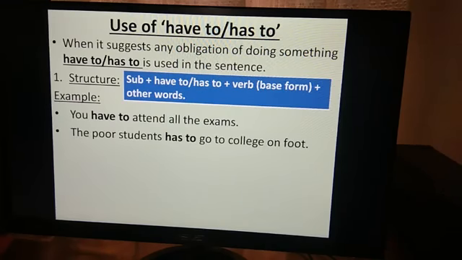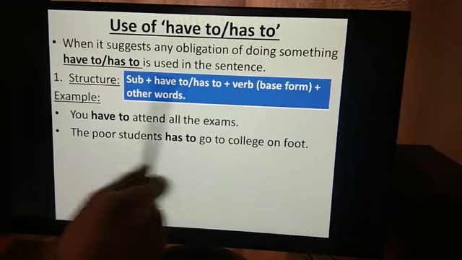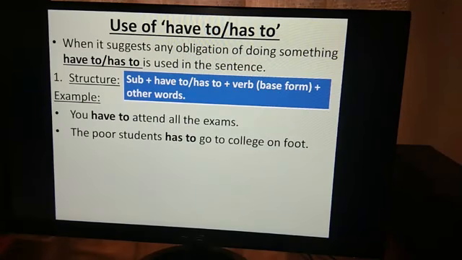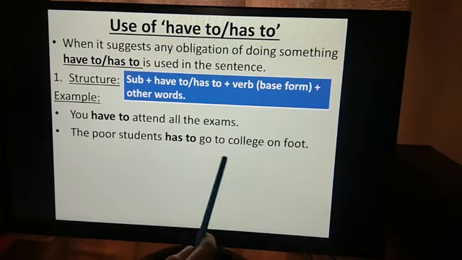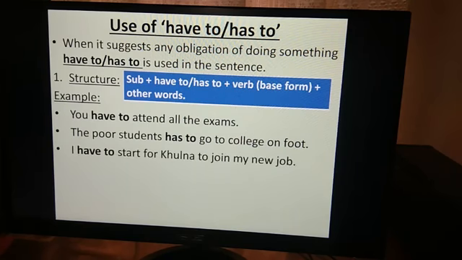The poor students, this is the subject, has to; between have to and has to we collect has to. The poor students has to go, verb in base form go, to college on foot. These are other words. Okay, next, I have to start for Khulna to join my new job.